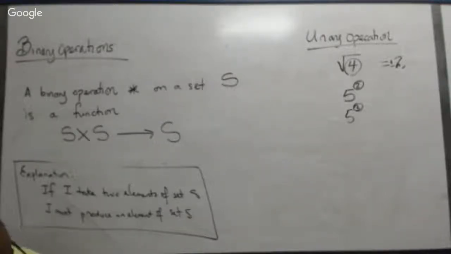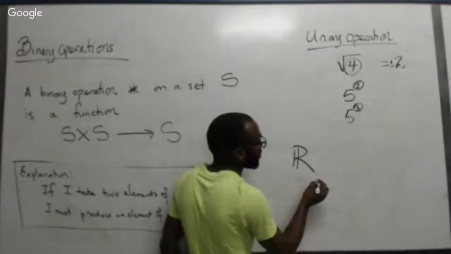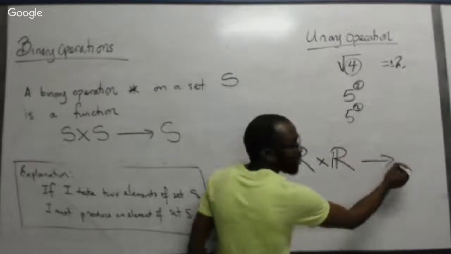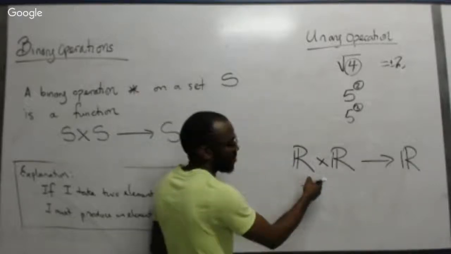I can show that 2 plus 4, where 2 and 4 were themselves real numbers, under the operation addition produced another real number, 6. So in that case, I would say a real number with a real number produces a real number under addition.